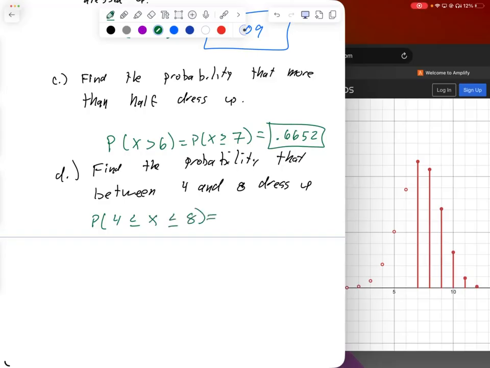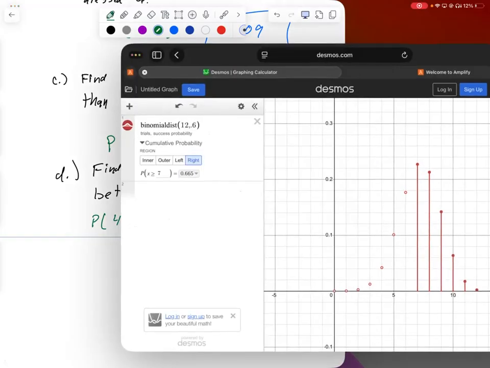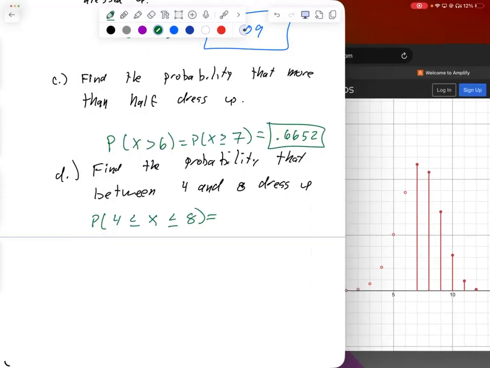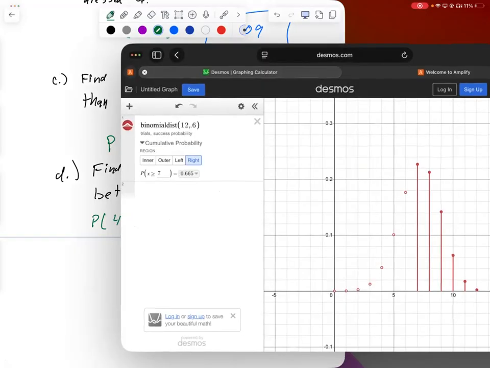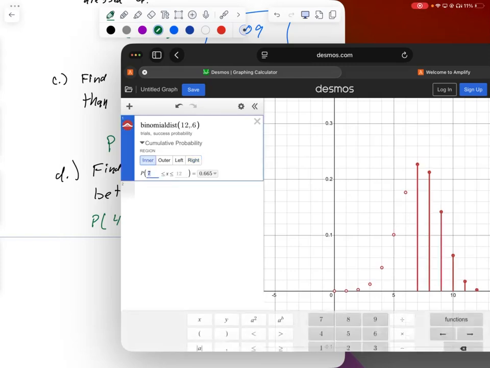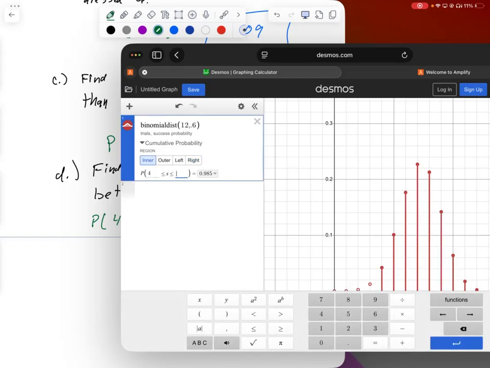Yes. And then we're going to go to our calculator and we're going to select which option for the cumulative. Enter. And we change it to 4 and 8.